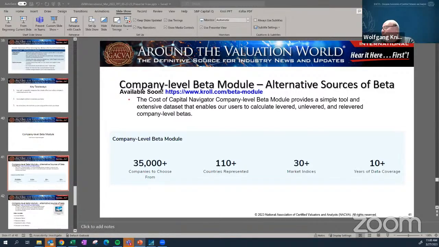Okay. Yeah, and maybe also one topic you can think about in the development. You talked about a lot of statistic measures. In Europe, we have the challenge that we have a lot of small listed companies with very poor liquidity.